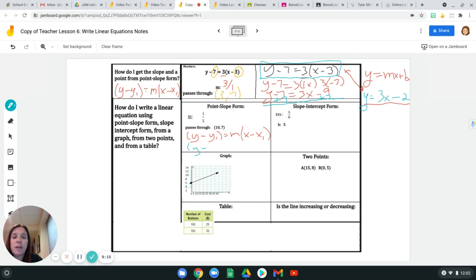So when I substitute that in, now it looks like a negative 7. My m is 1/5. x stays the same. My x1 is positive 10. So when I substitute it in, now it looks like negative 10. That's it. Now you've got point slope form. Let's do one more. The box next to it.